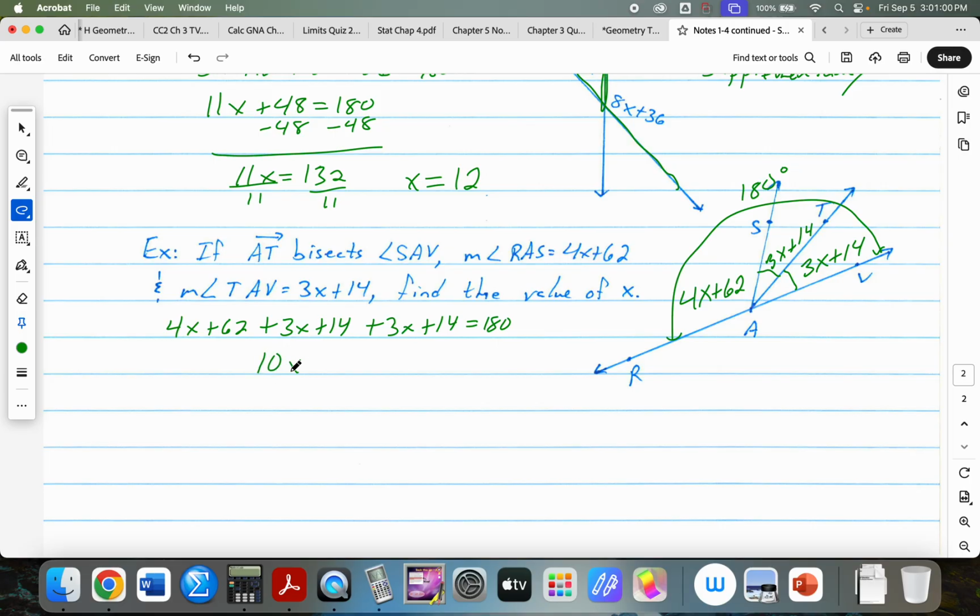Grouping the like terms, that's 10x. Let's see, 62 and 14 is 76, plus 14 is 80. Yeah, so 10x is going to be equal to 100, so x is 10.